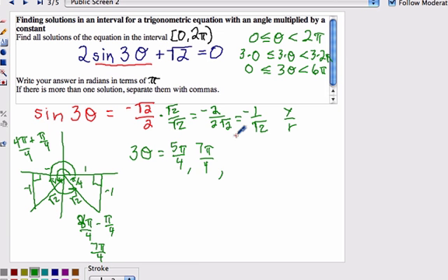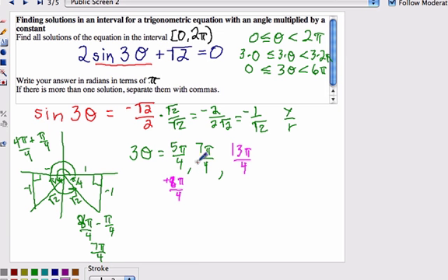Basically, I want to find out if I went all the way around, remember that would be 2 pi, plus back to this angle again. That would give me another solution. So what I'm going to do is add 2 pi to this value. Since the denominator is 4, I'm going to multiply this by 4 over 4, so that gives me 8 pi over 4. And so that's going to give me 13 pi over 4.